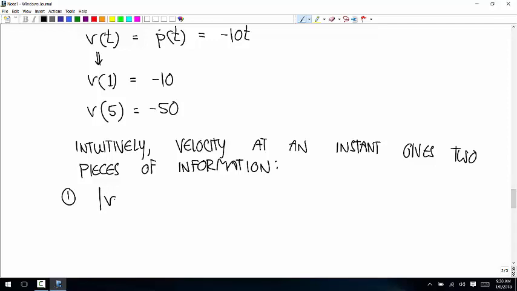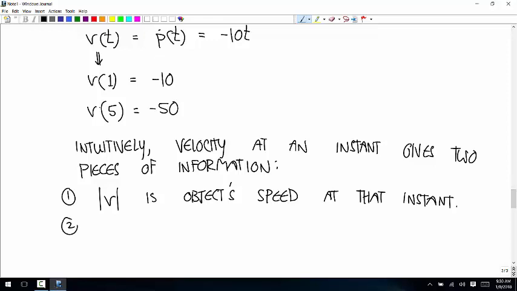The absolute value of the velocity is the speed at that instant. And the sign is the direction the object is moving at that instant.